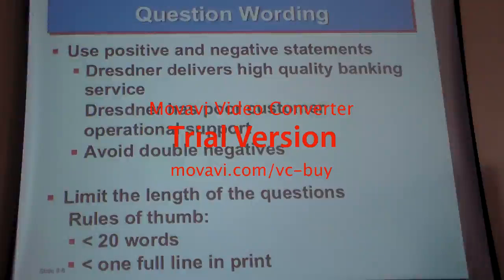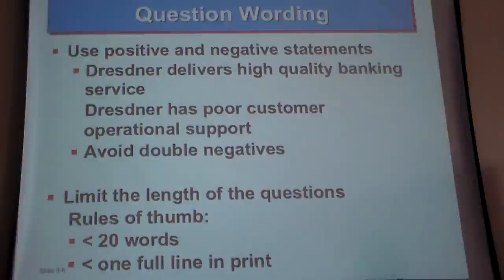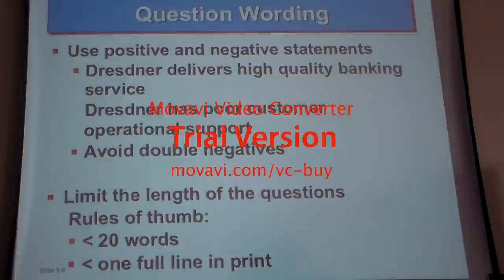Don't use double negative questions because they can cause confusion. There are a lot of examples in the book. In the lecture we cannot go through all the examples. We are here just showing you some hints and headlines. Then you go and read the book.